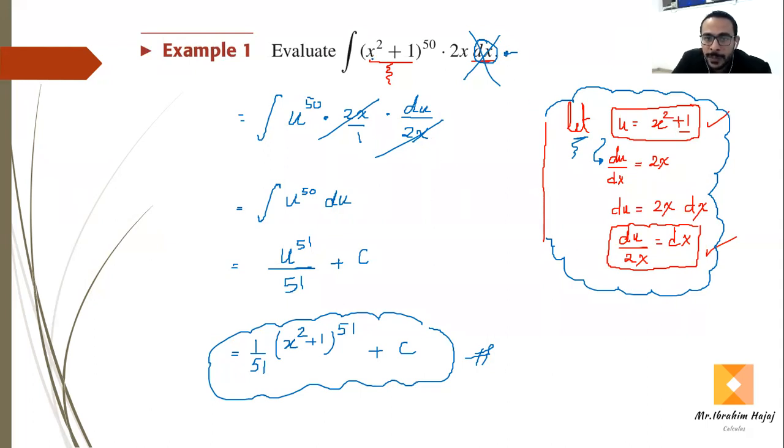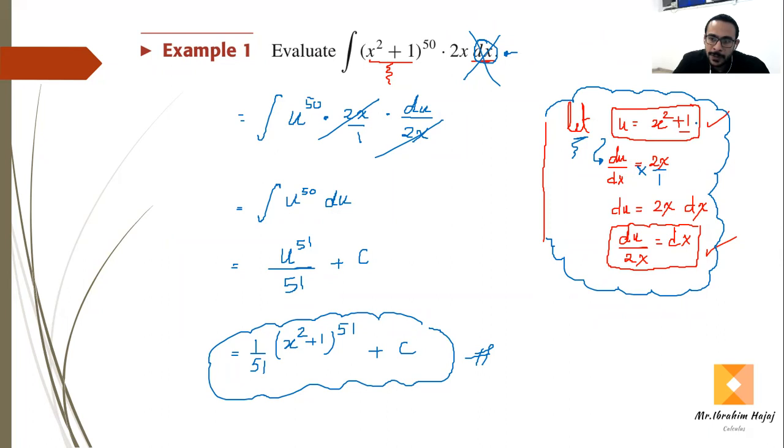So we have to replace x squared plus 1 as u and replace dx also, so I make a derivative. Derivative du over dx equals 2x over 1. Cross multiplication gives du equals 2x dx. Find the dx alone on one side by dividing by 2x each side. We got here the dx.